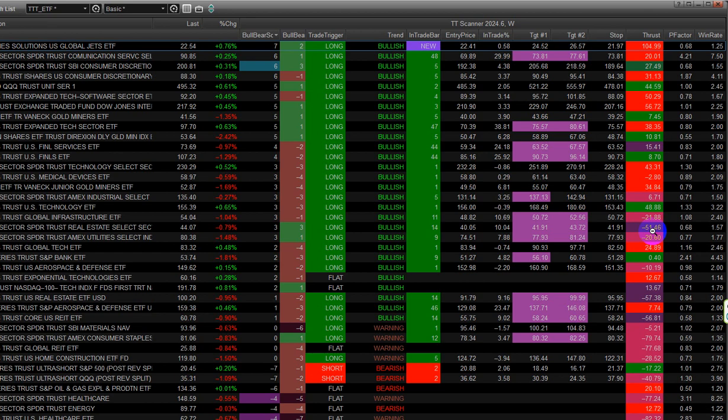And what I'm trying to do is color code thrust based on how it's moved. So a red positive thrust indicates that it had pulled downward from a higher number. A green positive thrust indicates that we've moved higher in a bullish trend. A purple thrust means that we're nearing kind of a flatline movement.